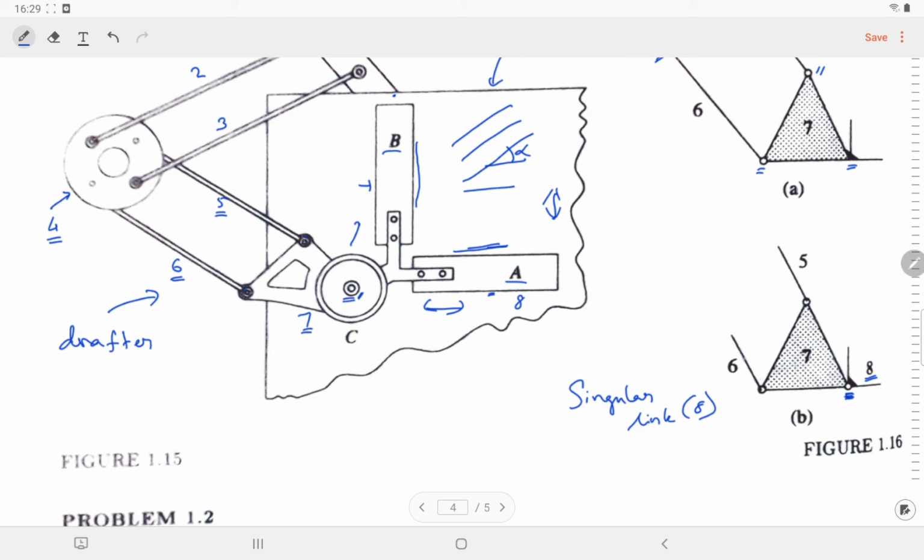And what about link 7? Link 7 is ternary link. But the moment we tighten it, there is no link 8 and link 7 becomes binary link. Fine.